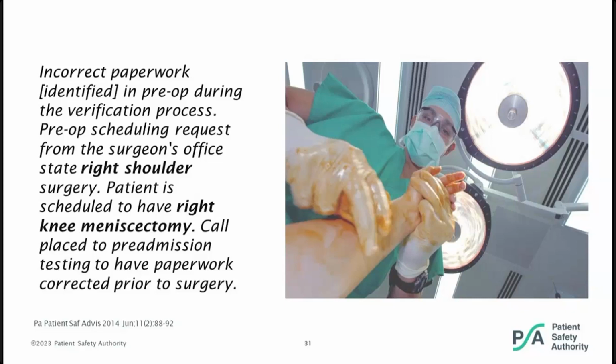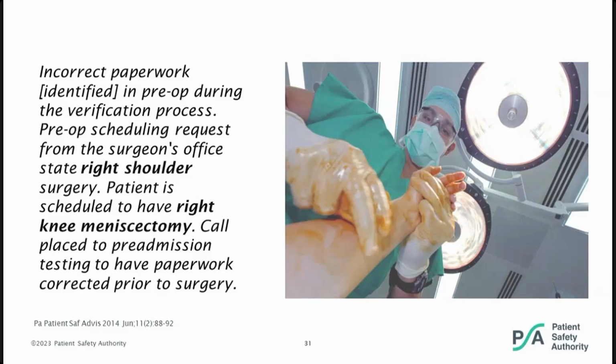So, for example, here's something that was actually published in the Patient Safety Advisory many years ago. The narrative goes as this: incorrect paperwork was identified in the pre-op during the verification process. The pre-op scheduling request from the surgeon's office states right shoulder surgery. Patient is actually scheduled to have a right knee meniscectomy. Now, this was caught. It's a good catch. That's fantastic.